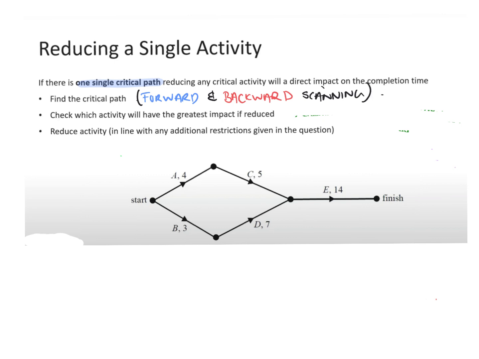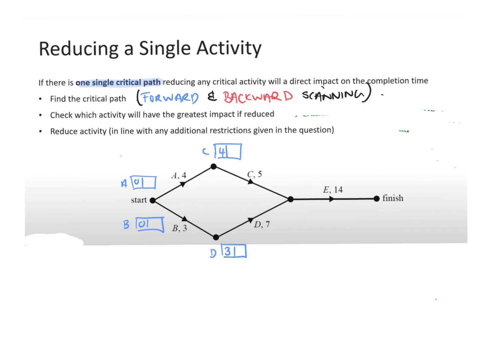I'm going to start at the start. I've got activity A and activity B, so they have a 0 waiting time. Then I move into C. C needs to wait for A to be finished, so that's 4. And D needs to wait for B to be finished, so that is 3.